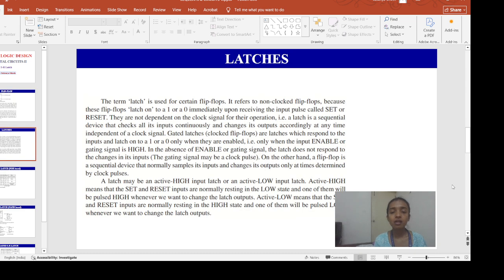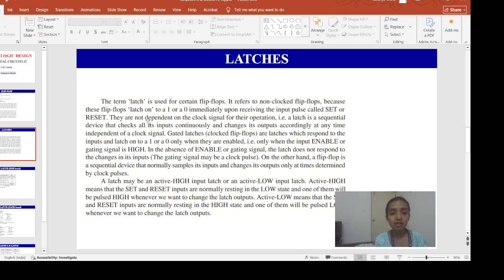Now what is latch? The term latch is used for certain flip-flops. It refers to non-clocked flip-flops. That means latch with clock signal, we can call it flip-flops. These latch on to a 1 or 0 immediately upon receiving the input pulse called set or reset.